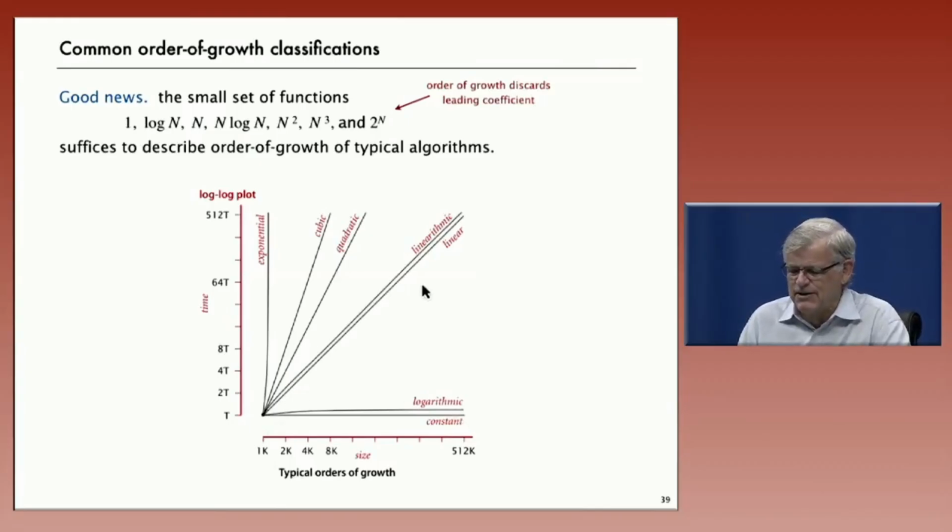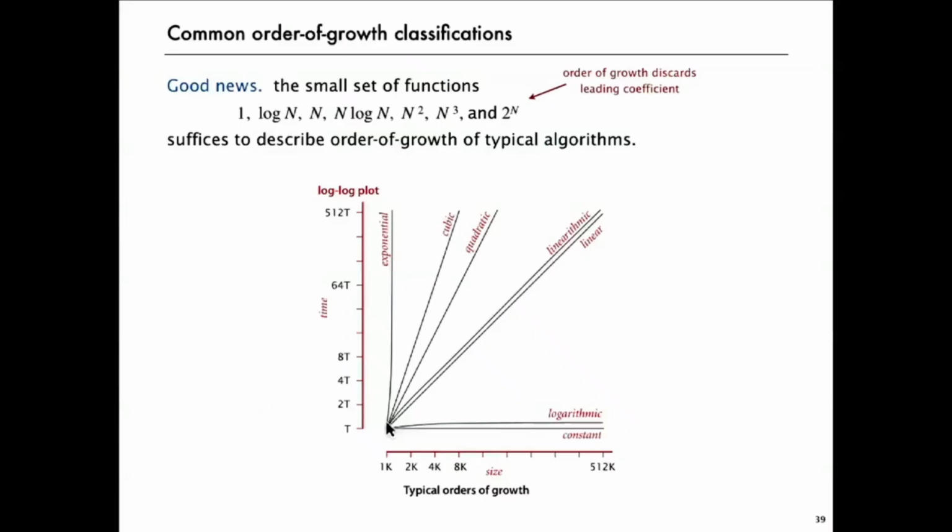If it's linear, if its order of growth is proportional to n, then as the size increases, the running time increases correspondingly. And the same is true almost if it's n log n. So those are the algorithms that we strive for. They scale with the input size. As the input grows, so grows the running time, and that's a reasonable situation to be in.